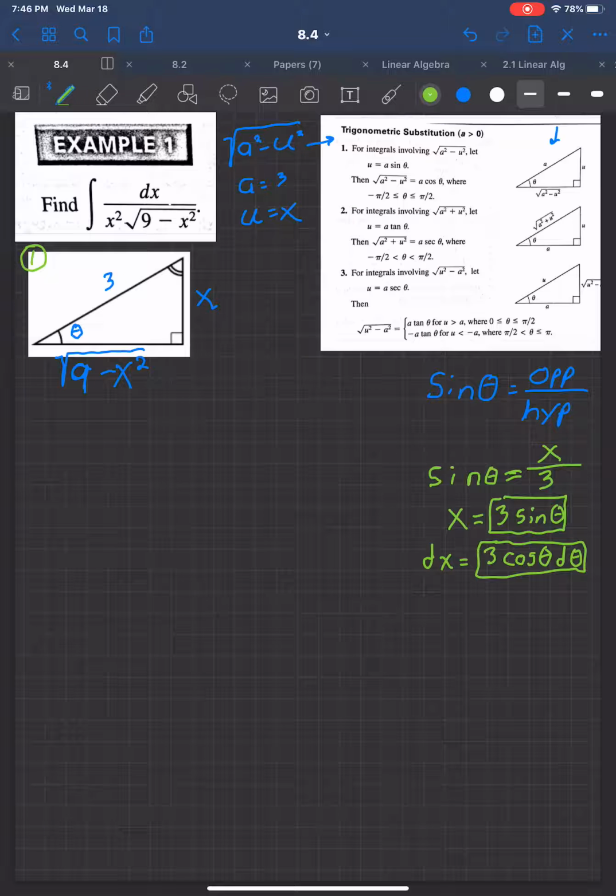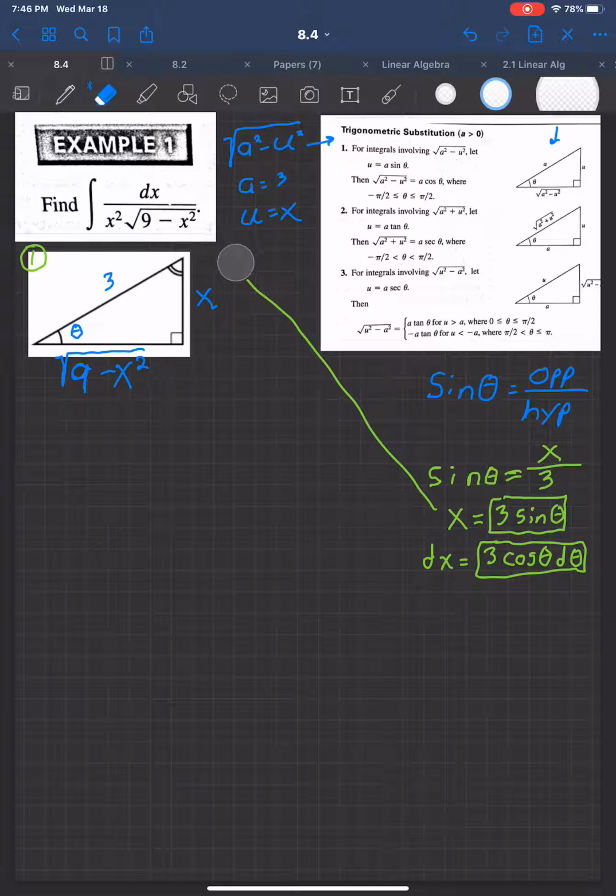All right, now on the previous video, I showed how once you have defined x to be 3 sine of theta, there's a consequence of this that's going to happen. You could always plug in 3 sine of theta in here for x, square it, and work the math.